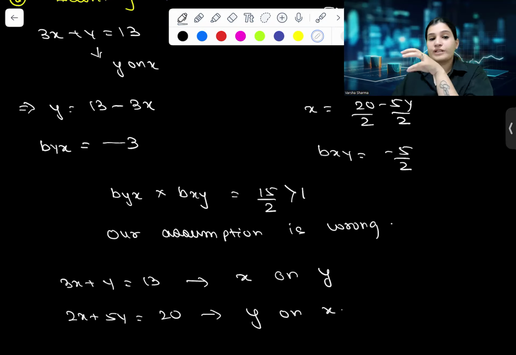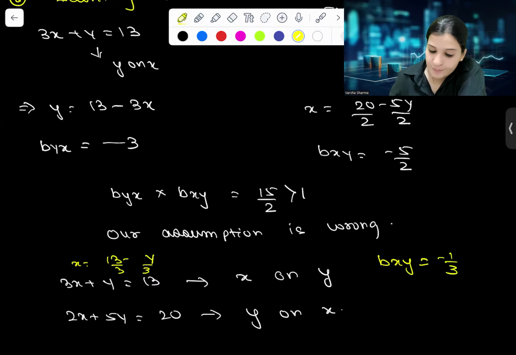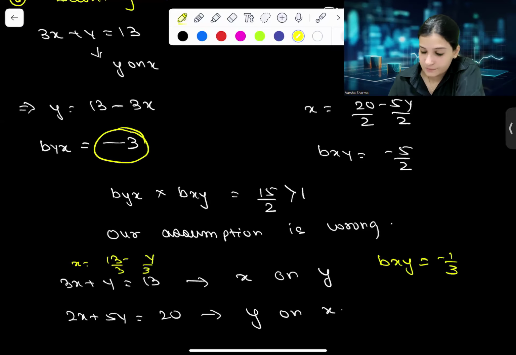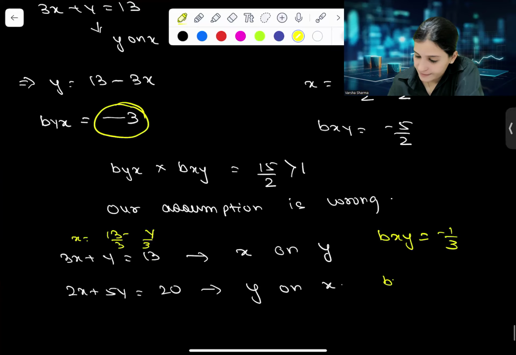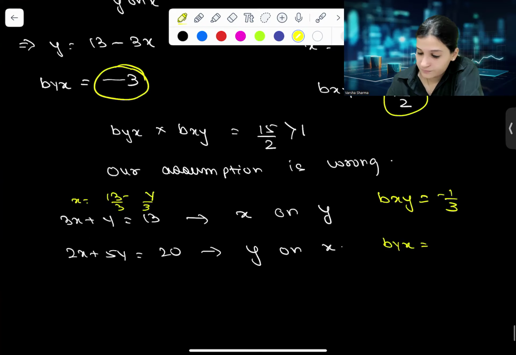Yes, ma'am. So in the first one, isolate x and tell me what will be bxy. Isolate x. Minus 1 by 3. Basically the reciprocal of what we obtained here. What will be byx then? Reciprocal of this? Minus 2 by 5. Now r square is their product.